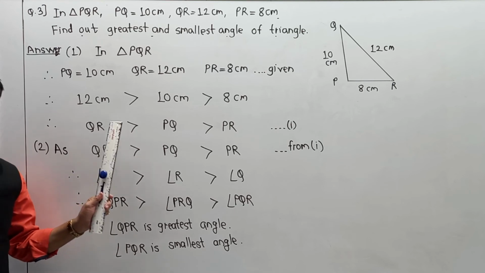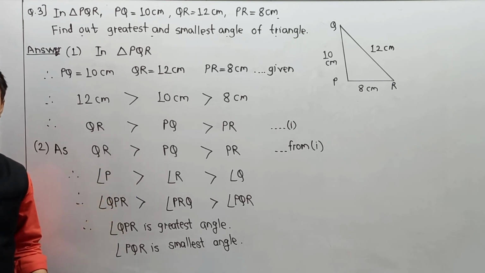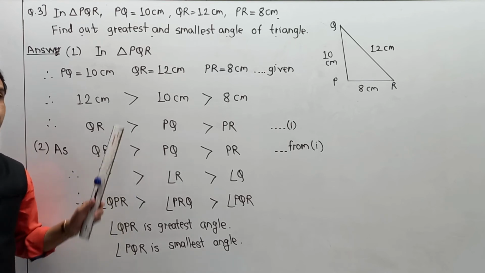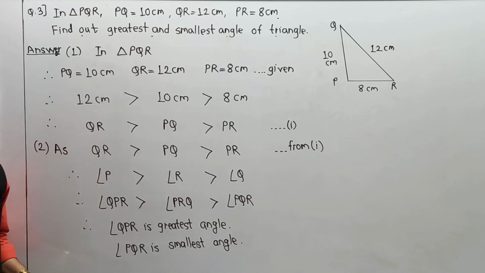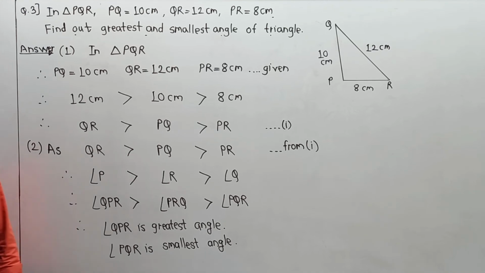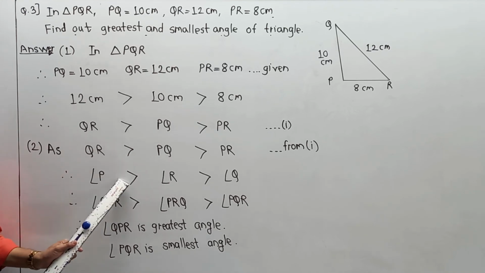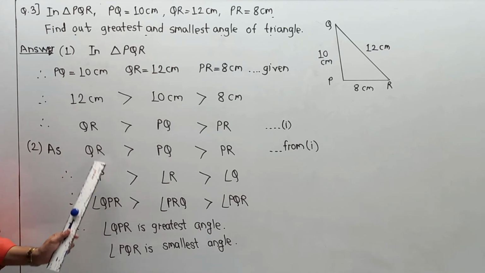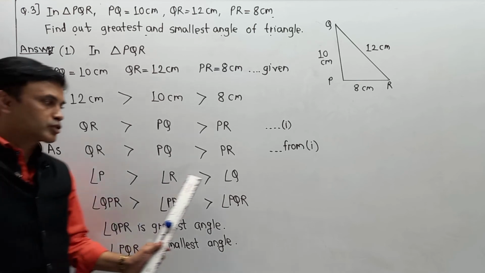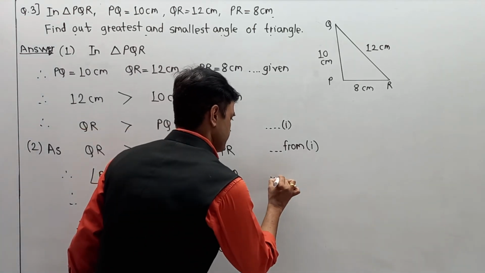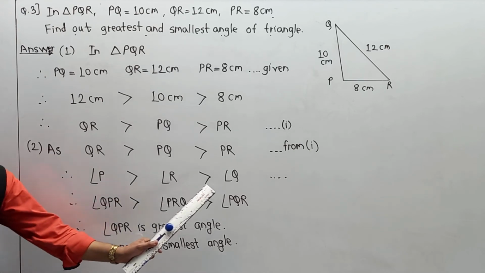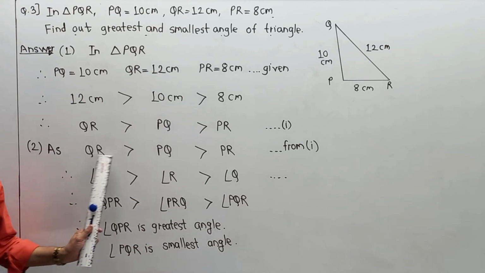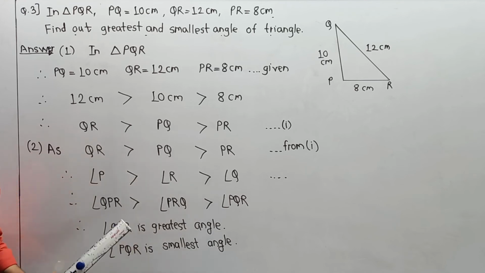Student, again it is somehow different in terms of writing skill, as in 8th or 9th we are rarely solving such numericals, but understanding is most important, and please try to understand the writing sequence. Also in this step you can have a reason. Angle is greater if side is greater, so you can also add that part. If angle is greater then its opposite side is greater, or if side is greater then its opposite angle is greater.